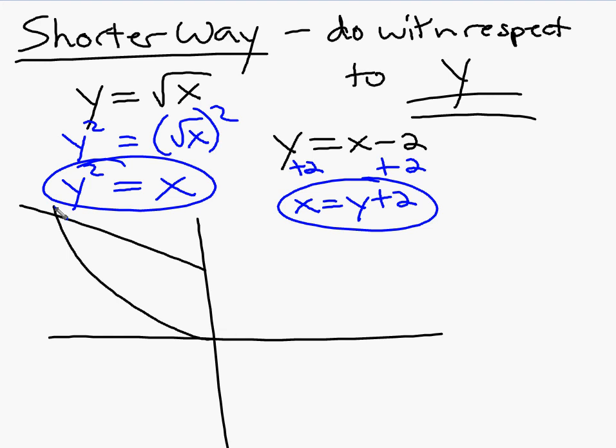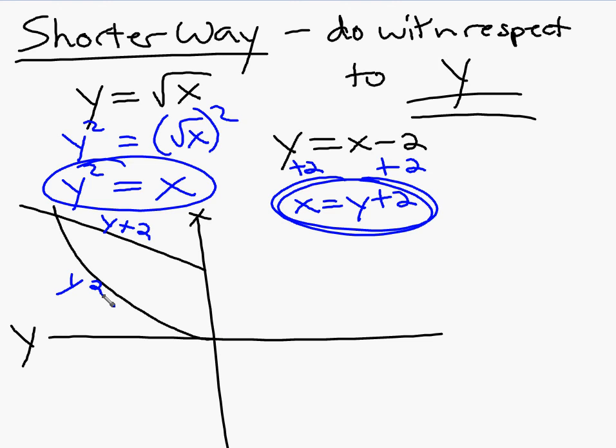Did everybody follow what I did? So now notice, this is the y-axis now, and this is the x-axis, because we rotated it. And this top function is the linear one. So this is my y plus 2 that we just solved for, and the bottom one is y squared.